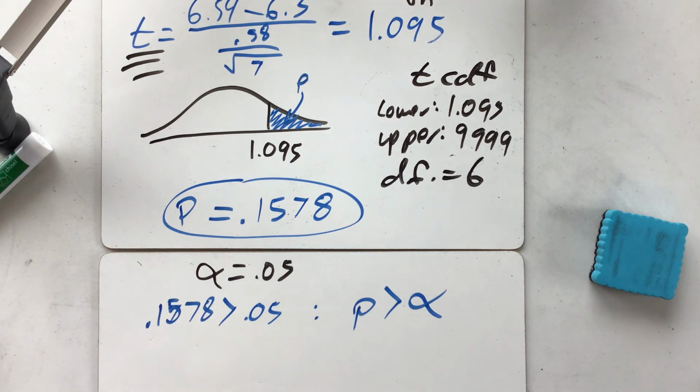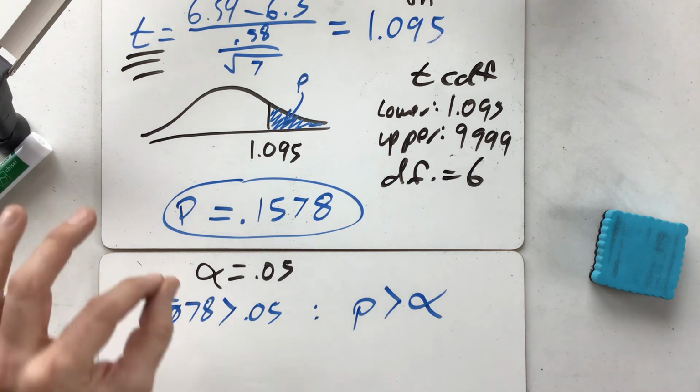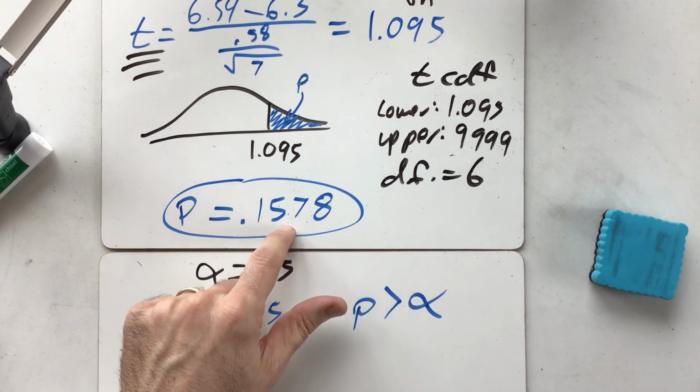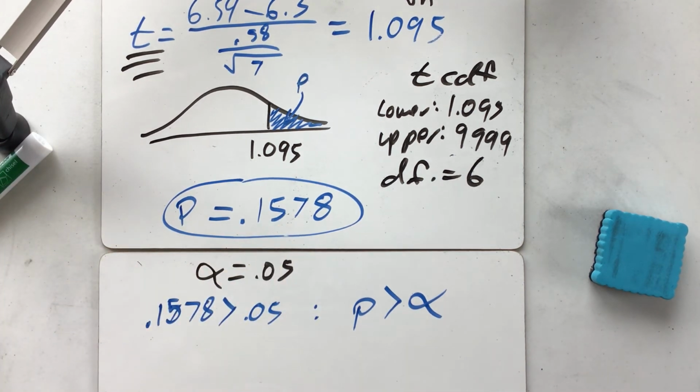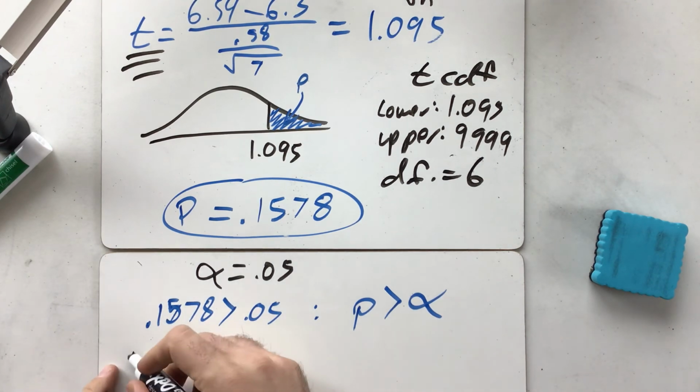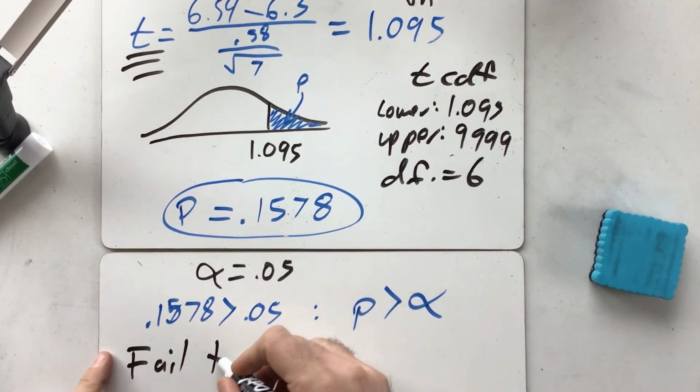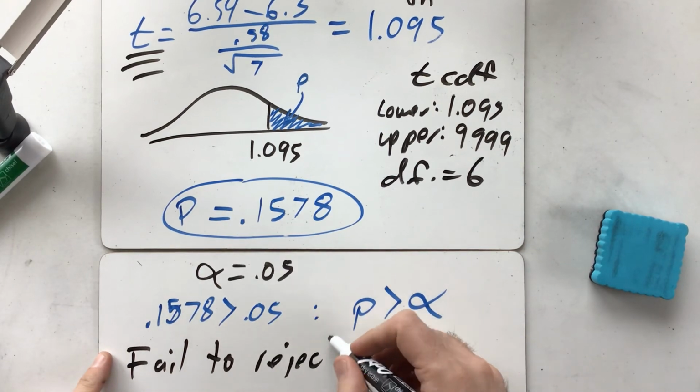If p is really, really small, that means that our null hypothesis was really, really unlikely, and so we reject H naught. Big p-values mean that our null hypothesis was a reasonable hypothesis, and so we fail to reject H naught. So p is greater than alpha, we fail to reject H naught.